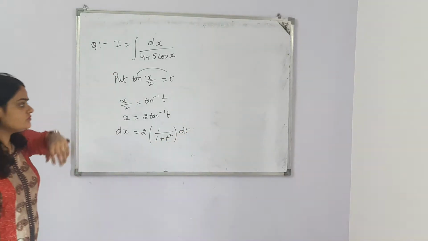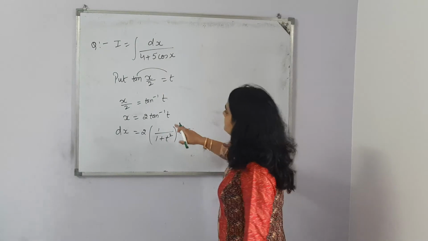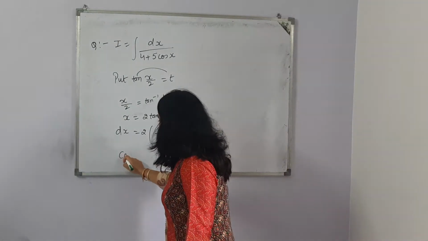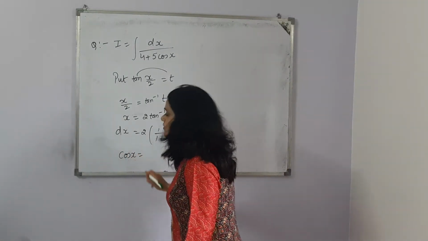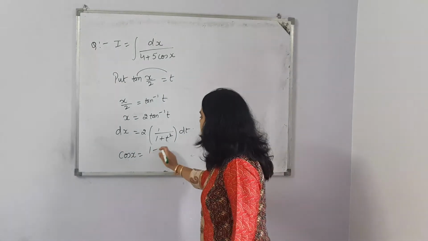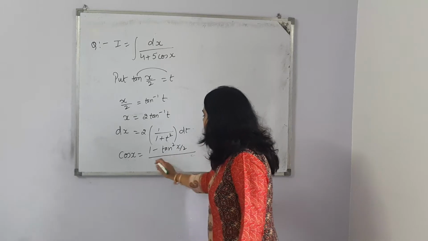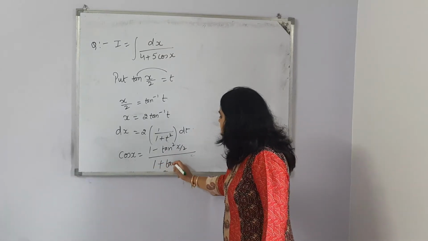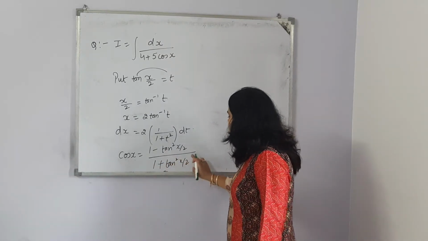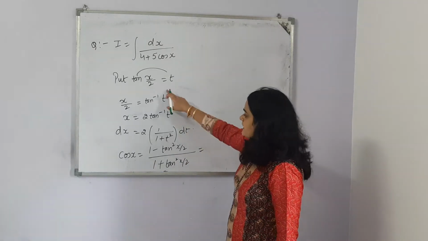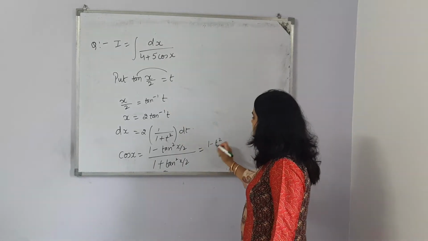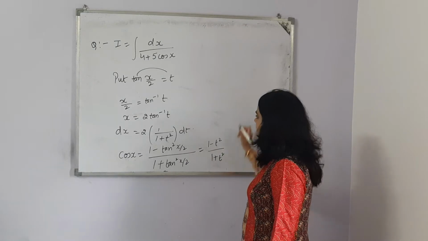Now we'll do the substitutions, and here first of all we'll change cos x into t. Cos x formula is 1 minus tan square x by 2 whole upon 1 plus tan square x by 2, and here we substituted tan x by 2 is equals to t. So 1 minus t square upon 1 plus t square.